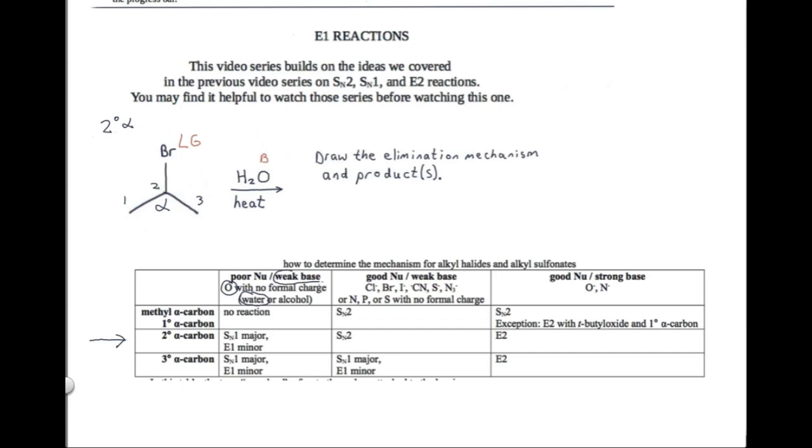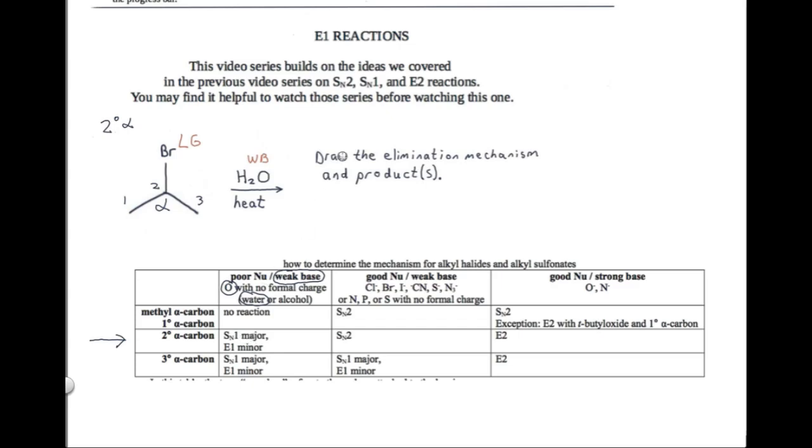And notice that the table actually reminds us here that water, the neutral oxygen in water, is a weak base. So I'll update what I wrote down here. I'll write WB to remind myself that this neutral oxygen is a weak base. Well, now the table predicts that the major mechanism here will be SN1, and the minor mechanism will be E1.